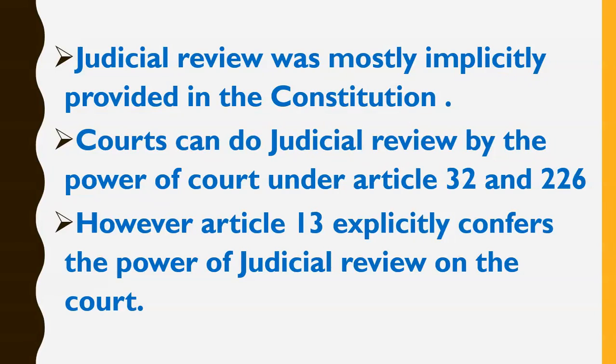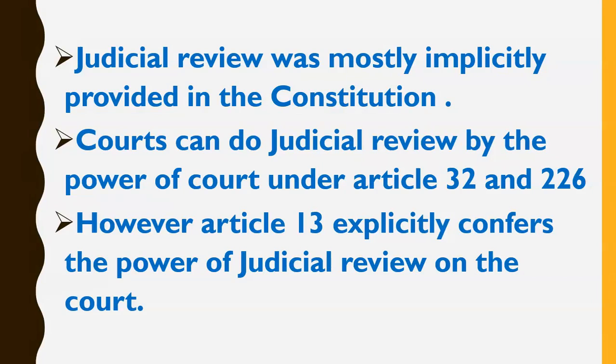Now what does it mean? It means that Article 13 directly provides the power of judicial review to the Supreme Court. Why? Because what was Article 13? According to Article 13, any pre-constitutional law or any post-constitutional law, if it violates one or more fundamental rights, will be declared invalid and void to the extent of the inconsistency.